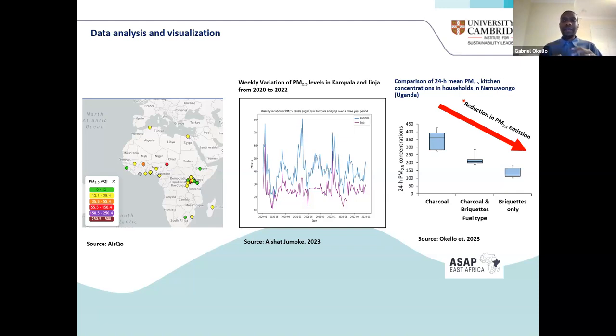But the distinction with this third figure is we had to collect metadata on the fuel type being used within the different households to try and understand why there's a difference within the different kitchens. So I think it's very important to explore this in a holistic way to understand how you want to visualize the data. This will help with your analysis, etc.